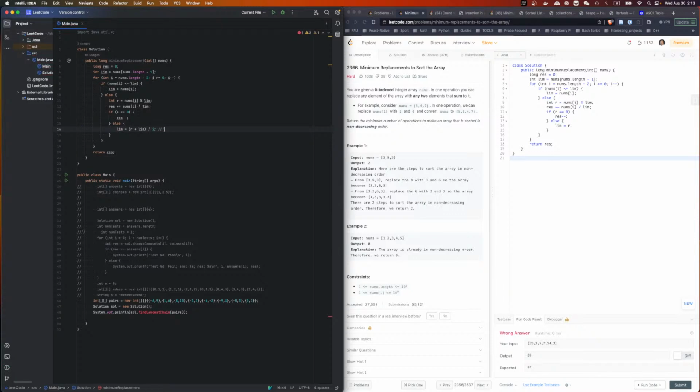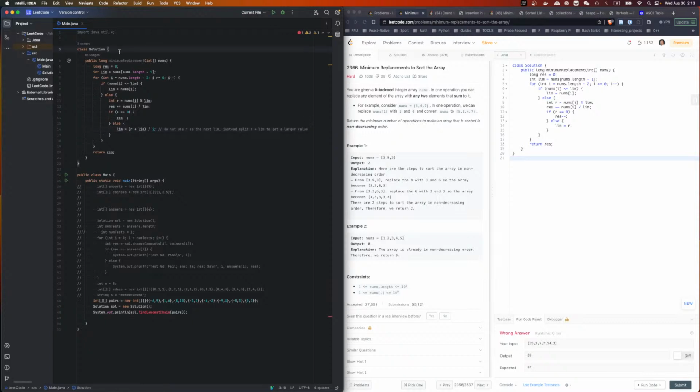So what we're going to say is, do not use R as the next lim. Instead, split R plus lim to get a larger value.